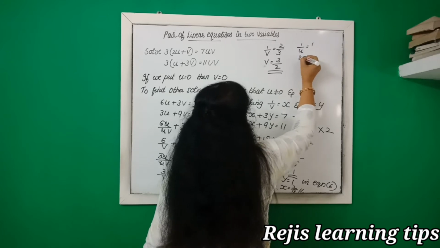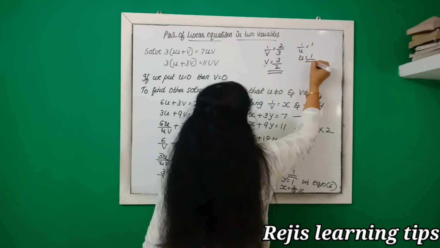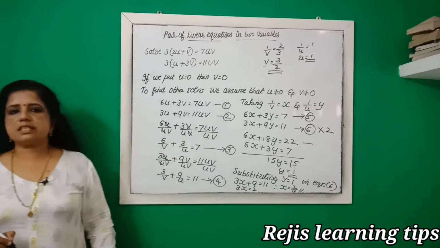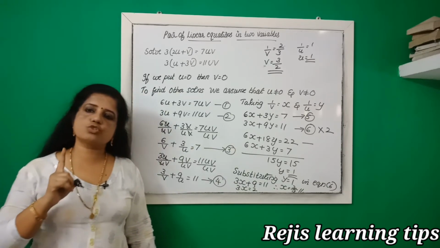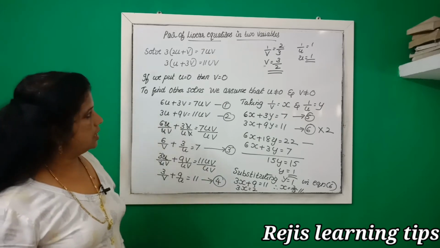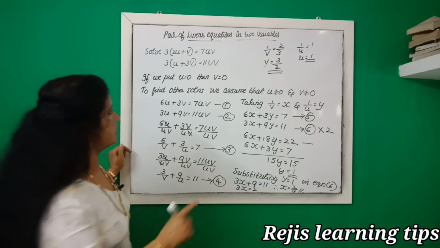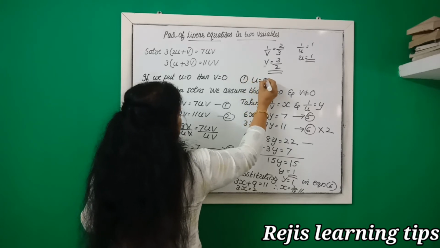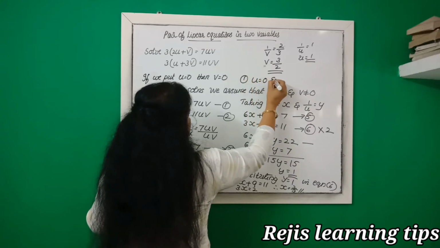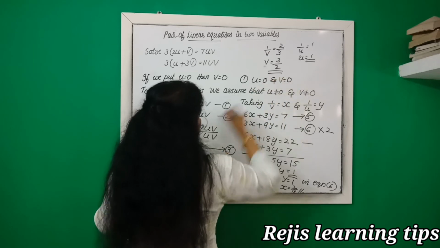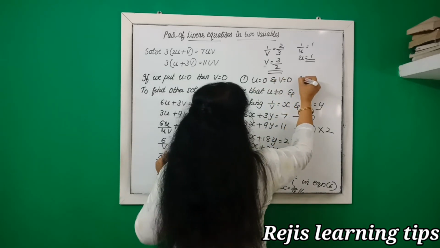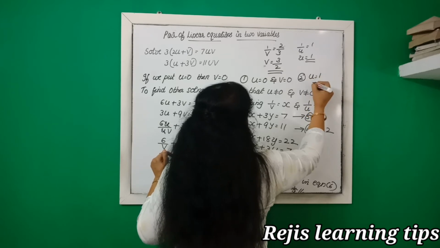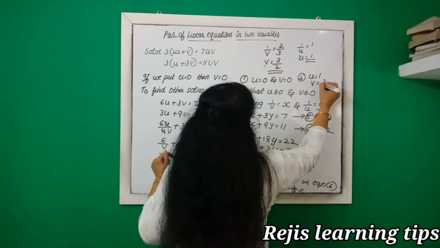So u is equal to 1. Hence the given system of equations has two solutions. The first one is u is equal to 0 and v is equal to 0. The second solution is u is equal to 1 and v is equal to 3 by 2.